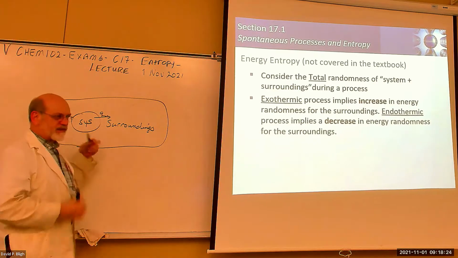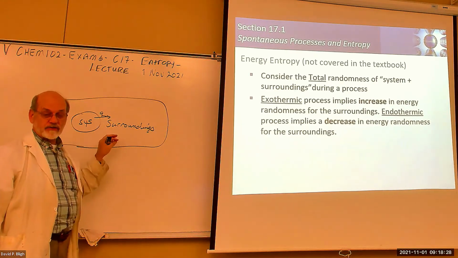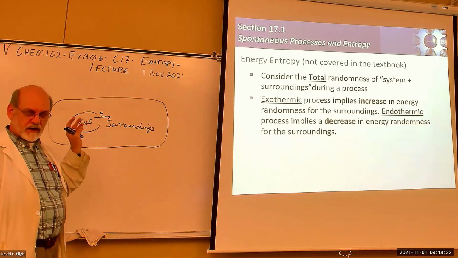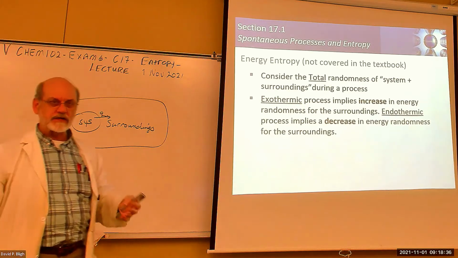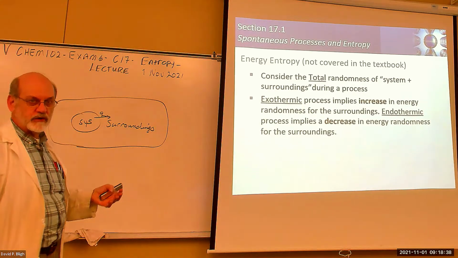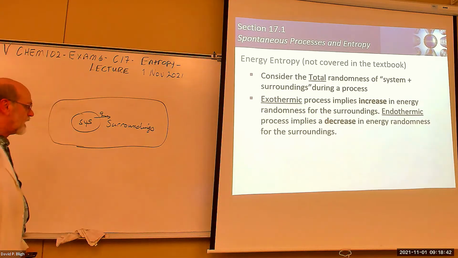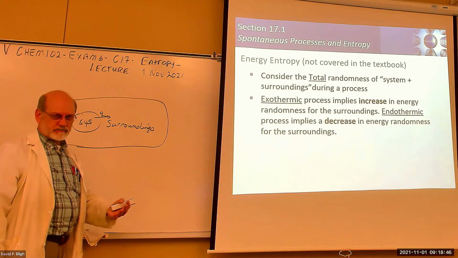And the way to think of that is all these molecules out here, now they're moving faster. They can get where they're going quicker. You can shuffle them around quicker. You have more potential microstates because they're moving with much more energy. But that's only a conceptual description.